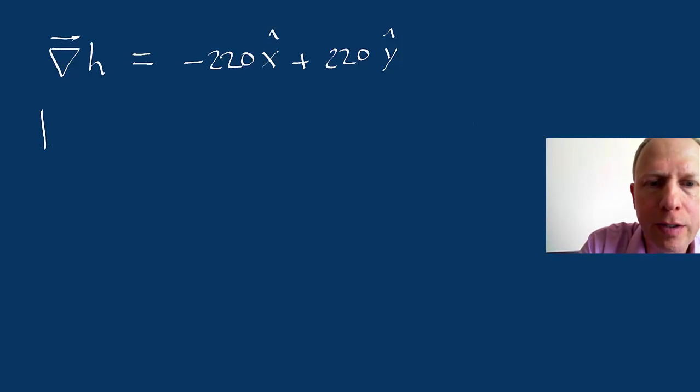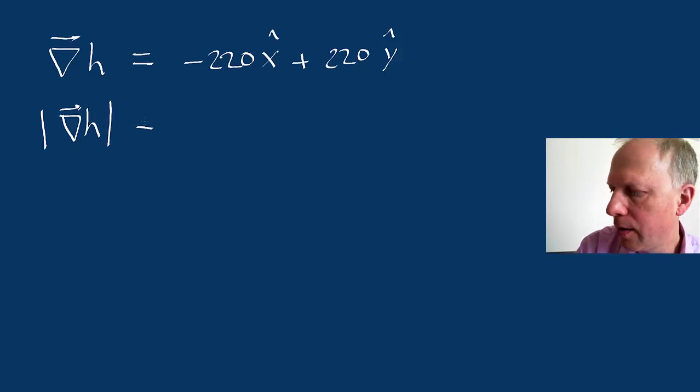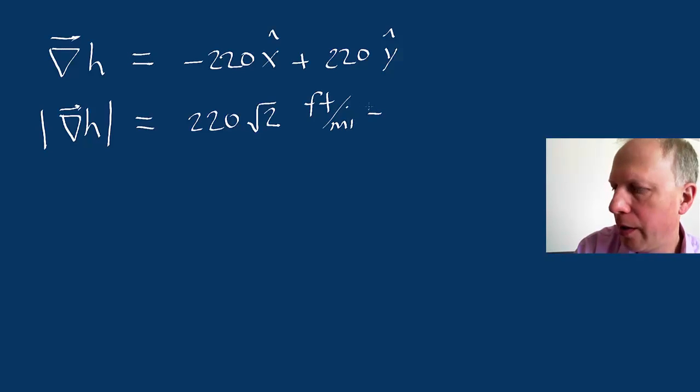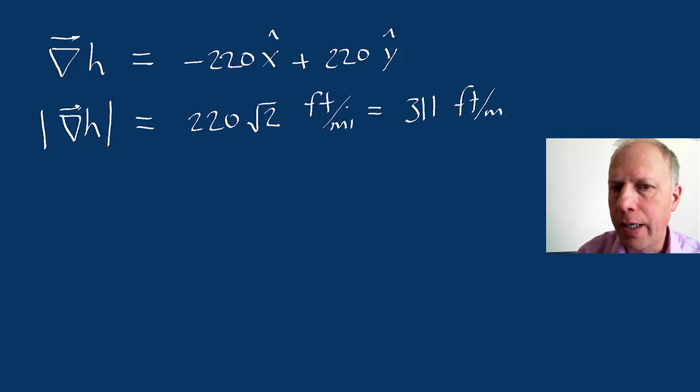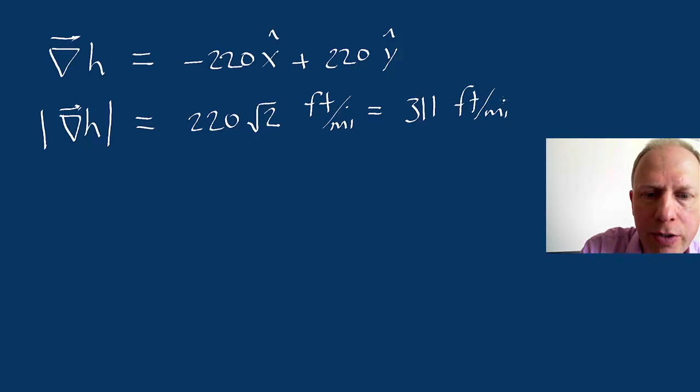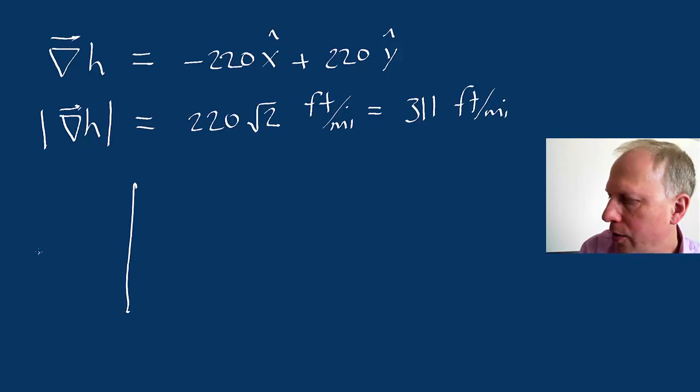The magnitude of the gradient would tell us how steep the slope is. It's 220 times the square root of 2 feet per mile, which is 311 feet per mile. And the direction of the gradient is the direction of the most rapid change in h.